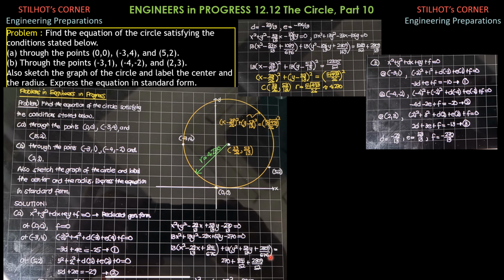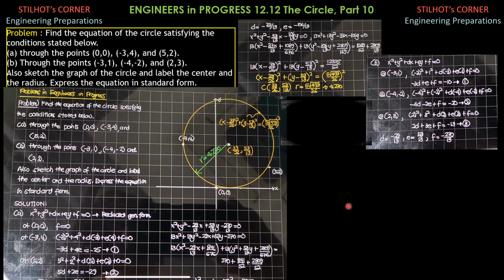Then equals, we transpose negative 270 to the right, so it becomes 270, and add the new terms in the left side, which are 13 times 841 over 676, which is 841 over 52, and 13 times 2809 over 676, which is 2809 over 52.